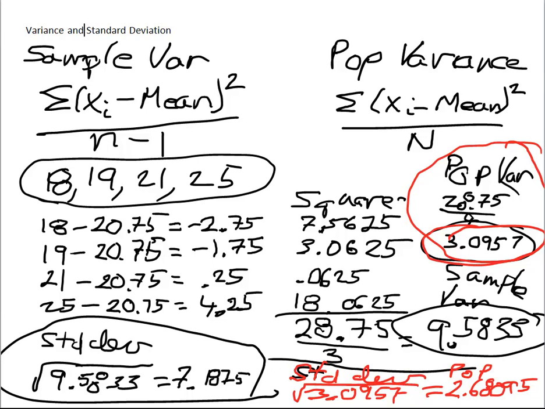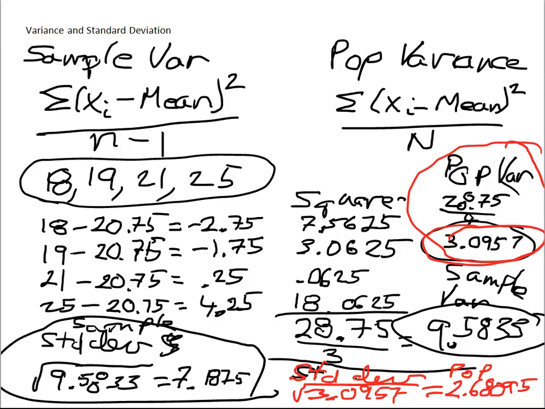And this over here, let's do it back in black. This is for the sample. The one that's normally used is the sample standard deviation. Normally you don't have a population. For example, if you're trying to do the United States, that's over 300 million.